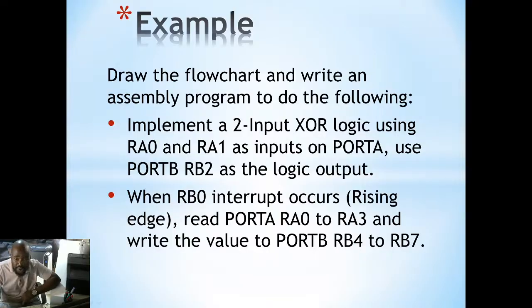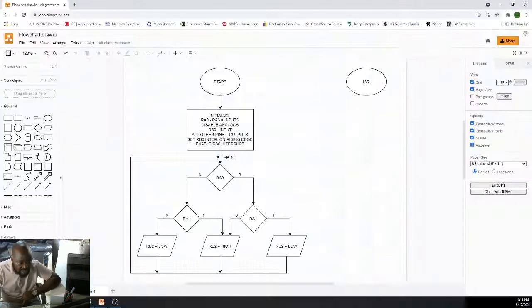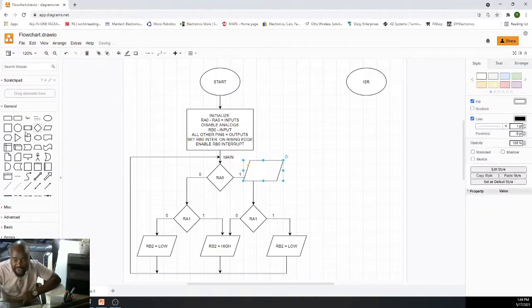That's what we want to go and do. So let's go and do that on our flowchart now. When we get to ISR, we want to read. So we want to read. We are going to read here.